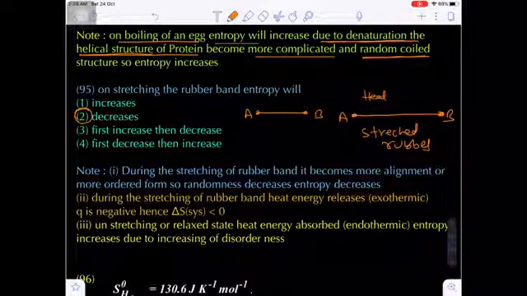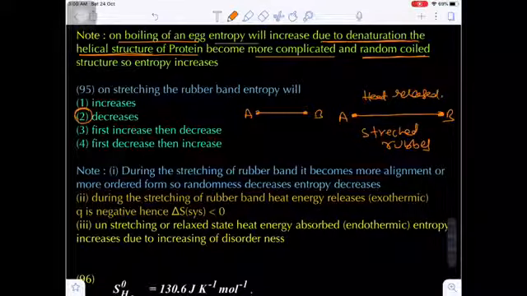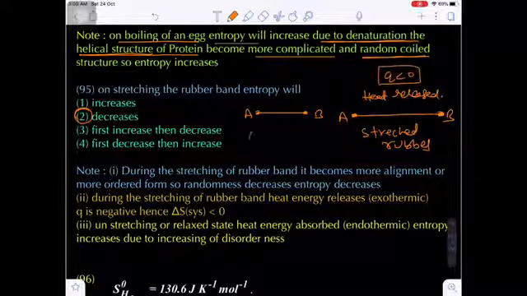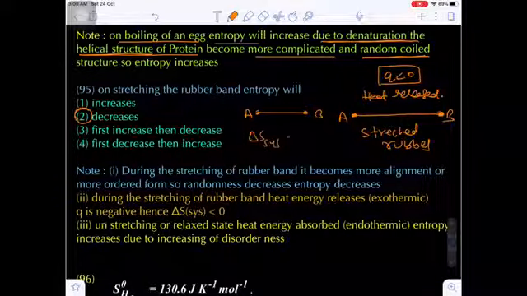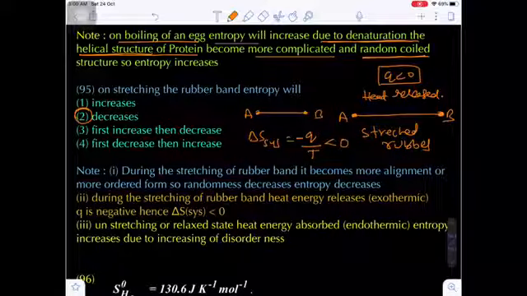Heat energy is released. When the heat is released, the Q value is negative. We know delta S system is Q upon T, but the Q value is negative, that means the system entropy value, what happens? Decreases. Are you getting my point?